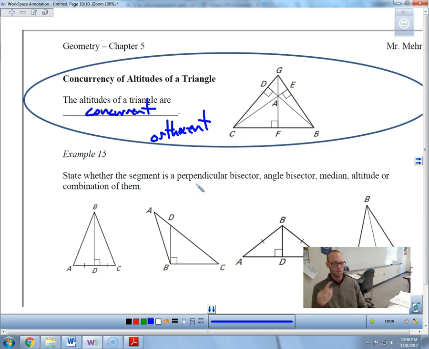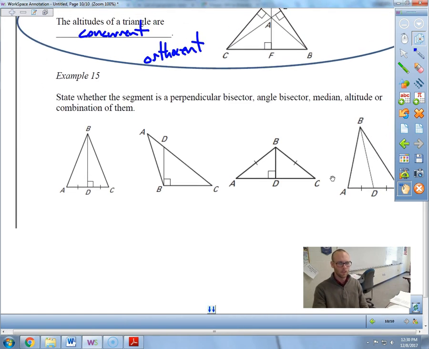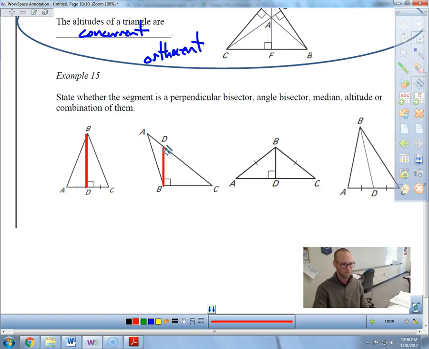So here's how I'm going to wrap up this video. Do you see these triangles down here? I have special segments drawn in each of these. Okay? All these BDs. What I want you to figure out is for each of these diagrams, is BD a perpendicular bisector?